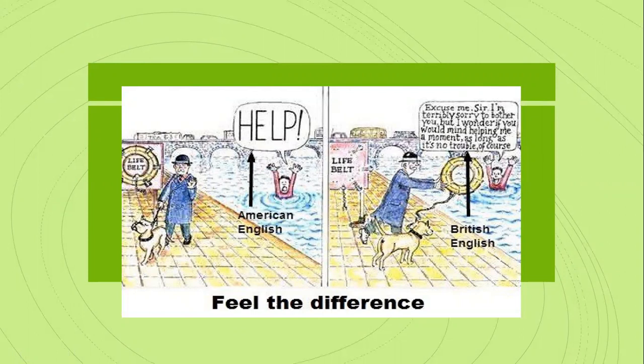I'm terribly sorry to bother you, but I wonder if you would mind helping me a moment, as long as it's not trouble, of course." What are the differences between those questions? You will have 15 seconds to think about them.